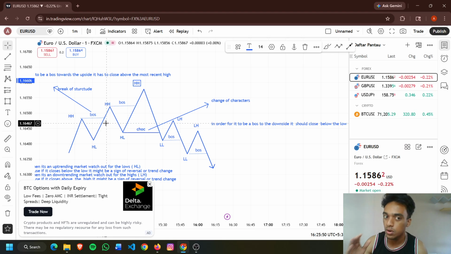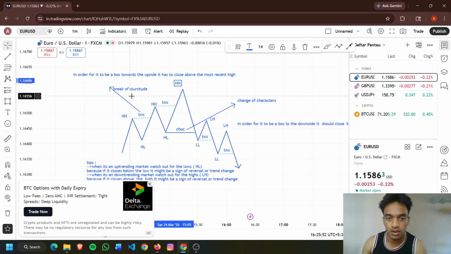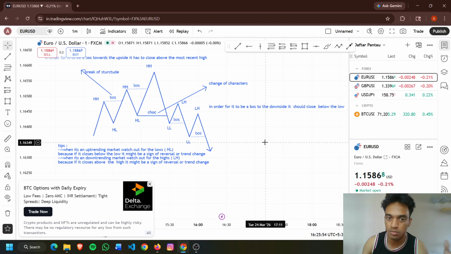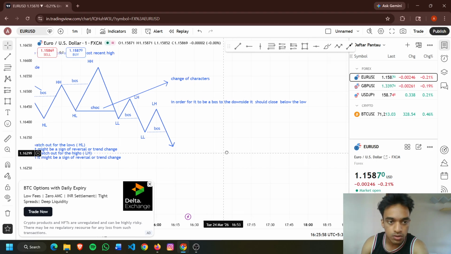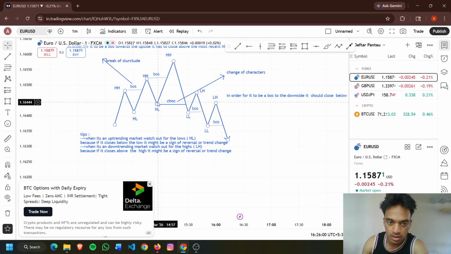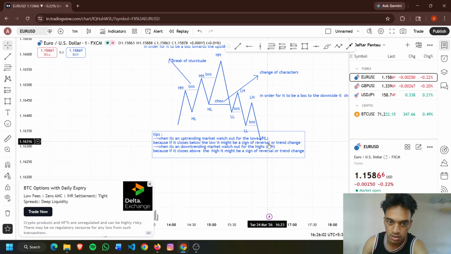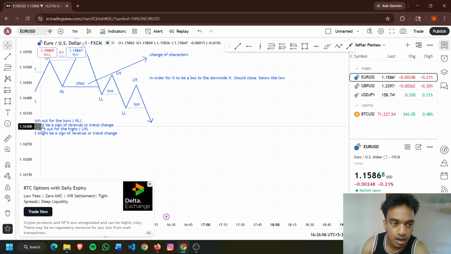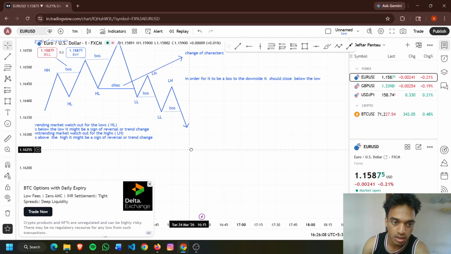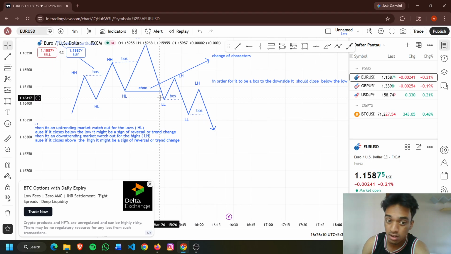I hope you're noting all this down. I just made these notes already so it won't take much time. For downtrending, don't think about this now, but I'll talk about it later. For a downtrending market, in order for it to be a break of structure, we have to watch out for the lows.